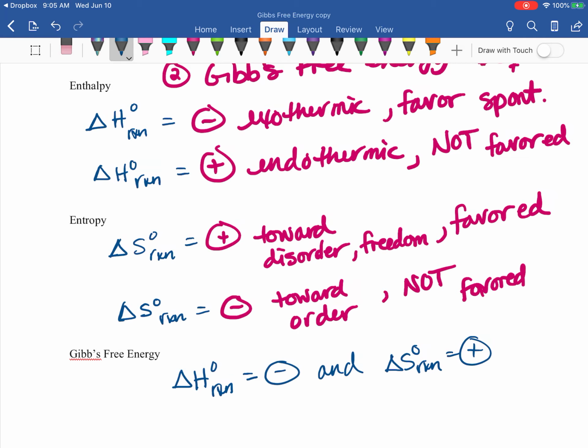You are going towards more freedom, right? Well, awesome. You've got a winner there. Both of these are favored. So that means your reaction is about to be spontaneous. You are favoring both of our terms. So this reaction will be spontaneous.